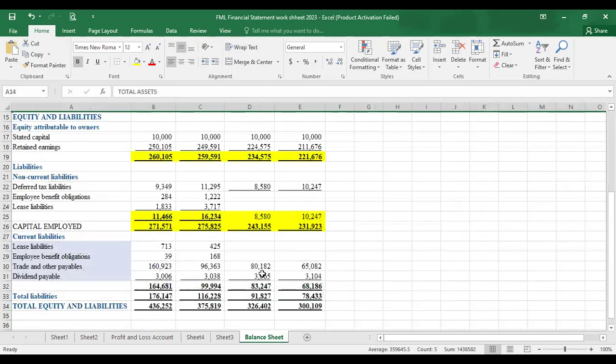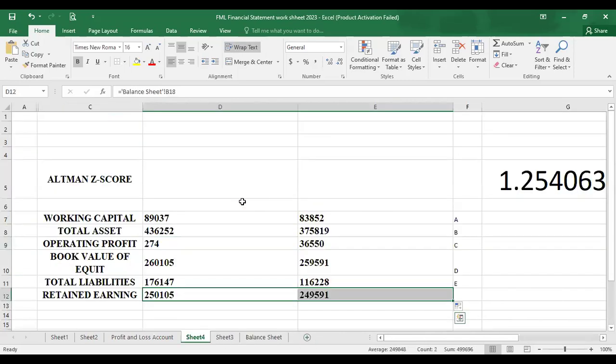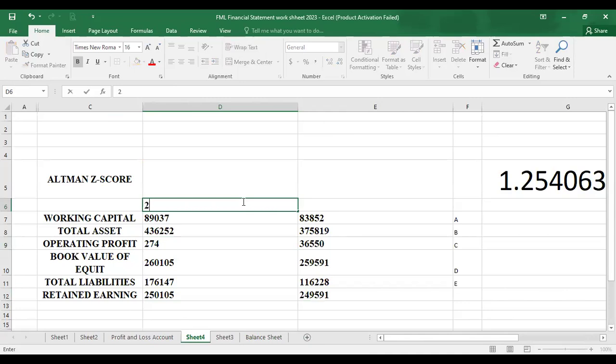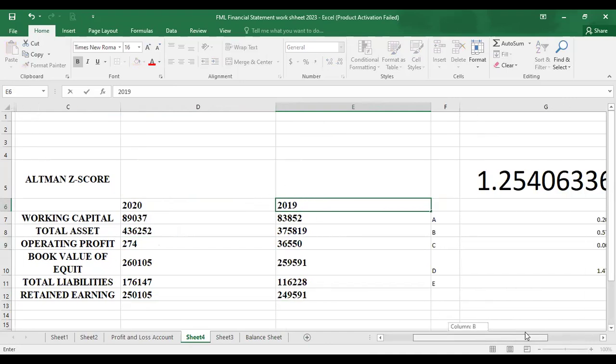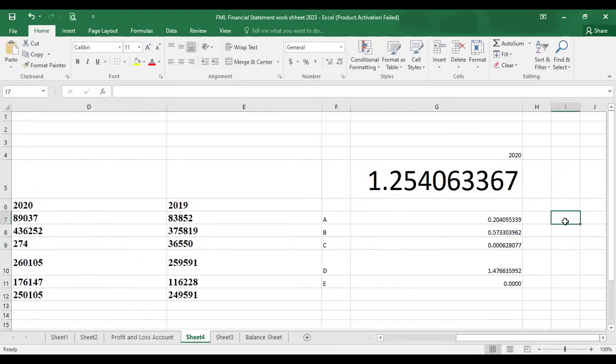So this is 2020, 2019. I can't project the formula for you to see.